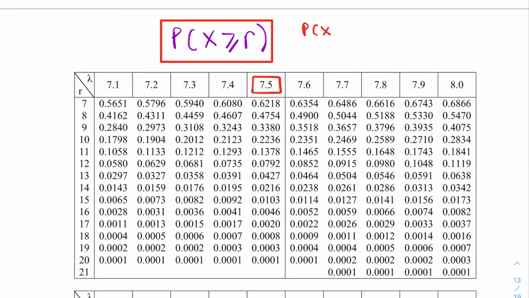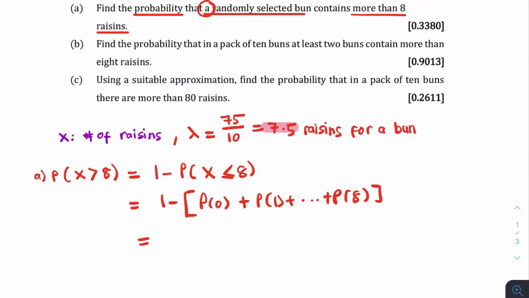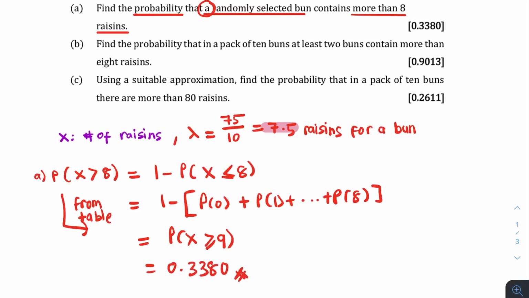So since the question is P(X greater than 8), you need to change to greater than or equal to. So P(X greater than or equal to), after 8, your discrete value will be 9. So look at the number 9, you're going to have 0.3380. So your answer from the table, P(X greater than or equal to 9) is equal to 0.3380. So that's how you answer part A.